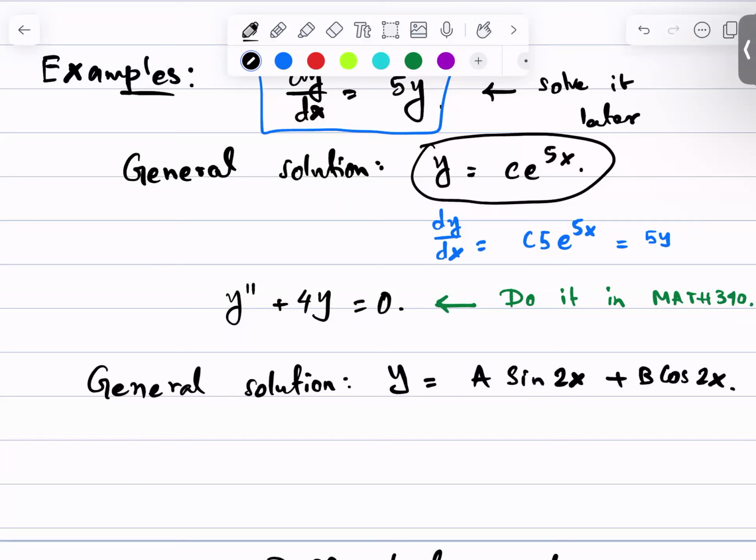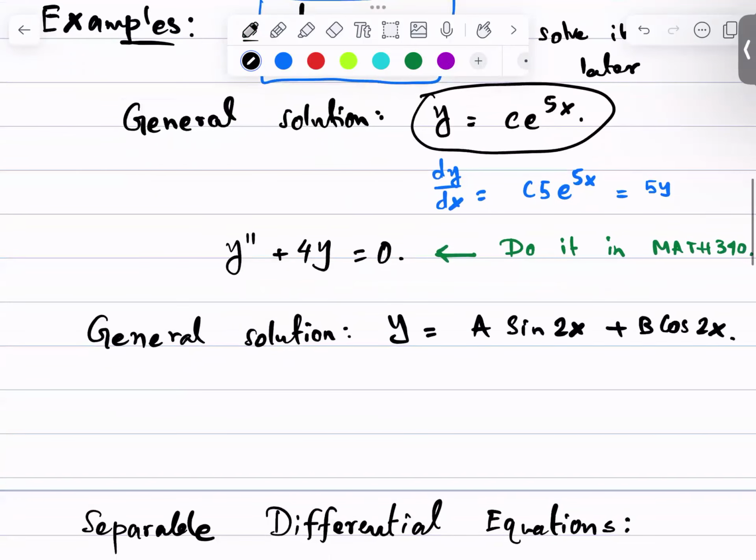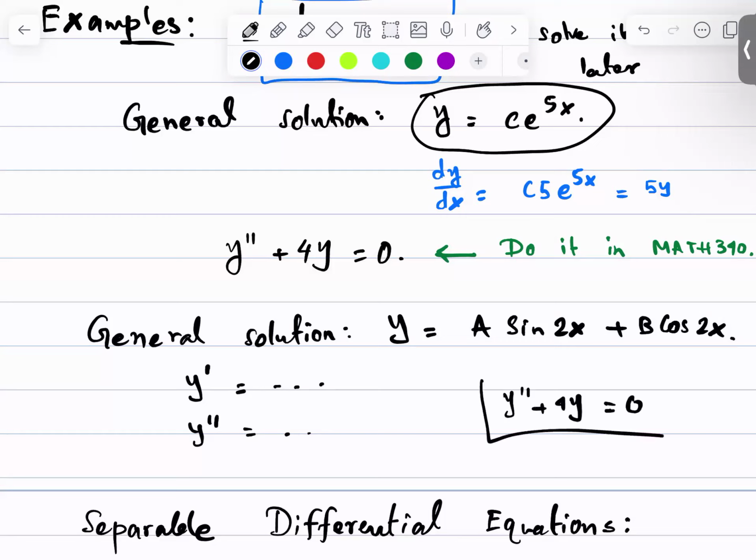And if you wish, you can check y prime and y double prime. You calculate these too, and then if you add y double prime plus 4y, you will get back 0. That way you can verify that this is actually a solution. Okay, cool.